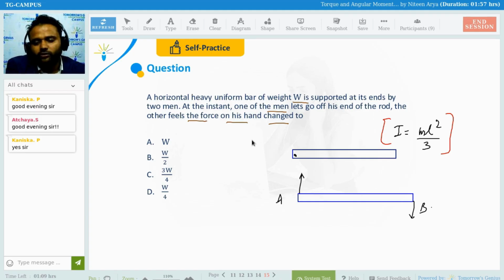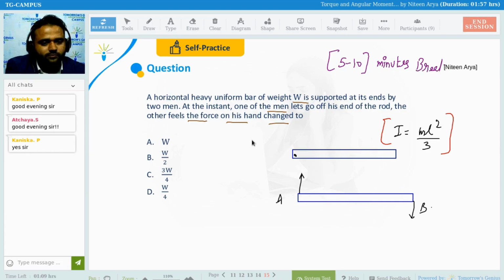Meanwhile, you can think about it, and you can try this question also. So there is a break for 5 to 10 minutes. Clear, everyone?